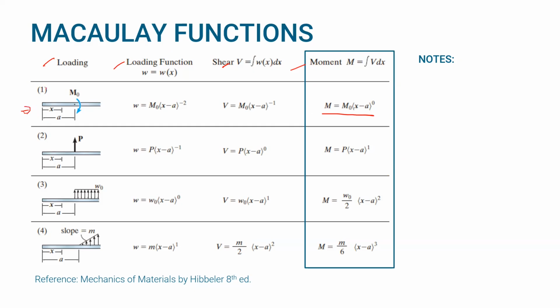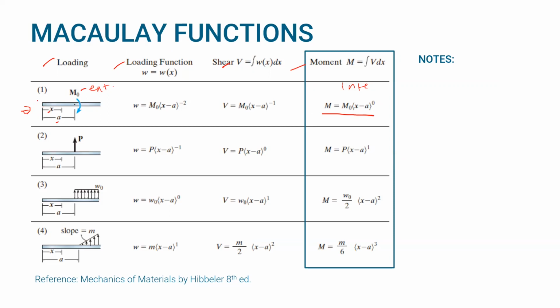For example, sa row 1, meron kang clockwise na applied moment. So this is external load. Tapos ito yung moment function ng internal load. You have positive M sub 0 times x minus a raised to 0. And you can also see an x and an a. So ano ba yung x na yan? That is the positive x coordinates given an origin.